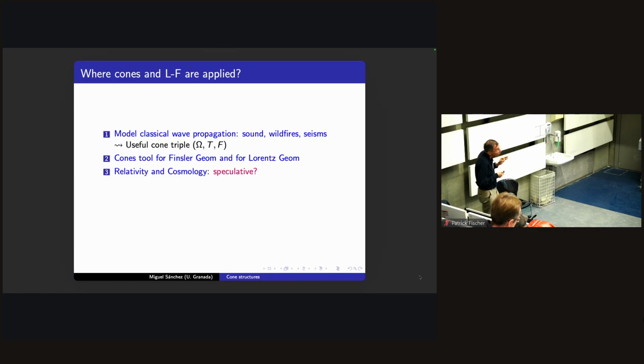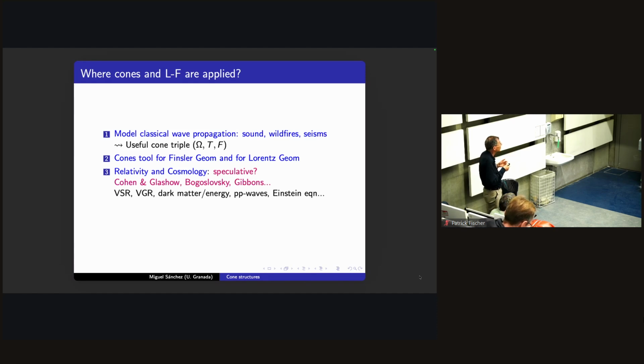In relativity and cosmology, they are being used, and perhaps one can think that they may be speculative, but the people who initially proposed this line of research were very non-speculative people. For example, Sheldon Glashow, apart from being a Nobel Prize winner, has strong opinions on string theory because he is a very non-speculative person. Anyway, these Lorentz-Finsler metrics are used to face problems in cosmology.